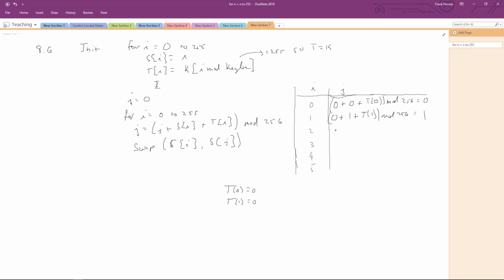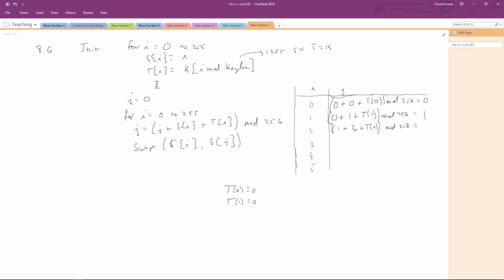Now we have i equal to 2. With i equal to 2 and j equal to 1, the new j is going to be 1 plus S2, which is 2, plus T2, all of this mod 256. Then we need this to equal 2.